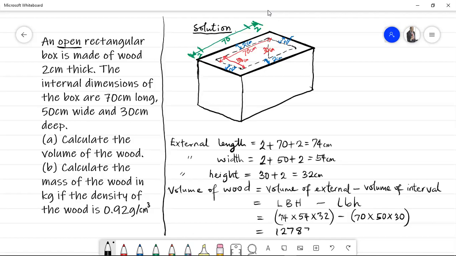127,872 minus, then you do 70 multiplied by 50 and also multiplied by 30, and that should give you 105,000. So when you subtract that, you should get your answer to be equal to 22,872.